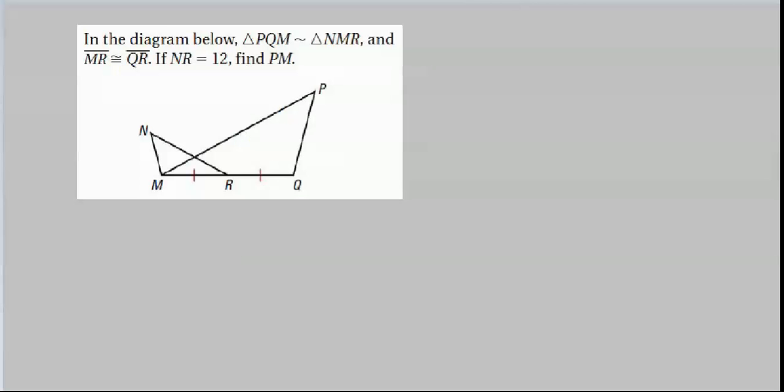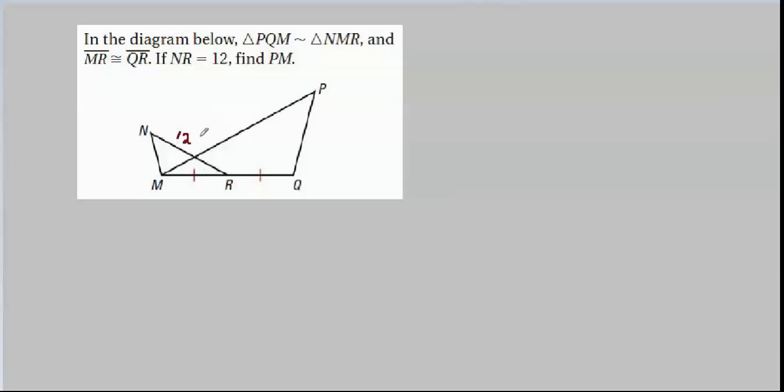Well, let's see here. In this one, they're letting us know that PQM is similar to NMR, and NR is 12. Well, we know that NR is 12.